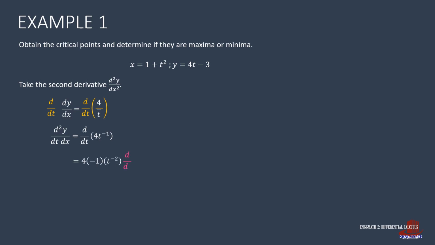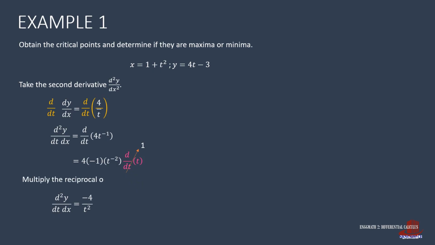Differentiate and keep the constant 4 with the old exponent of negative 1, and the term t raised to negative 2. Then attach dt over dt as required from chain rule. dt over dt is 1, so the second derivative of y with respect to t and x becomes negative 4 over t squared.